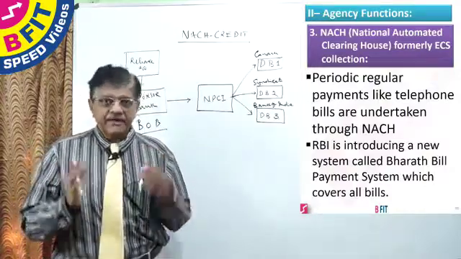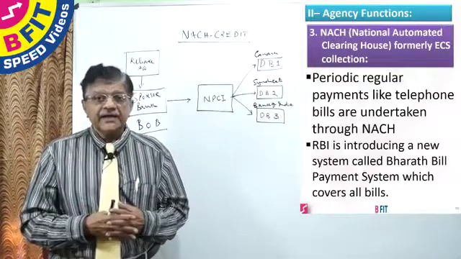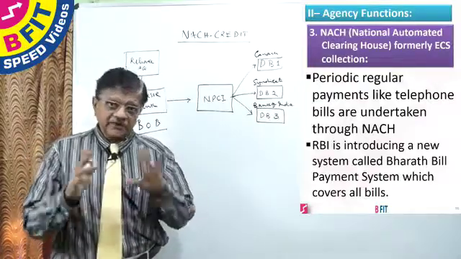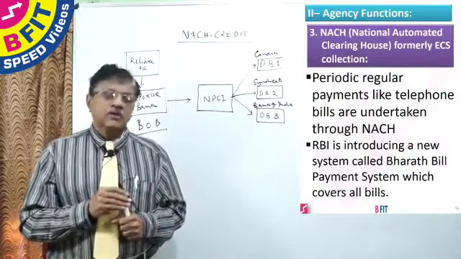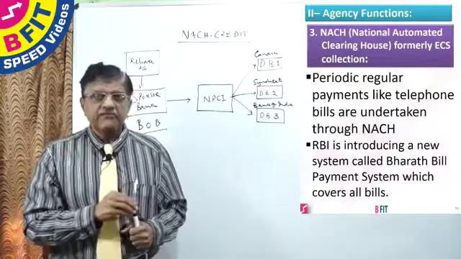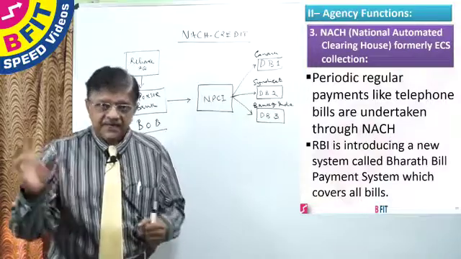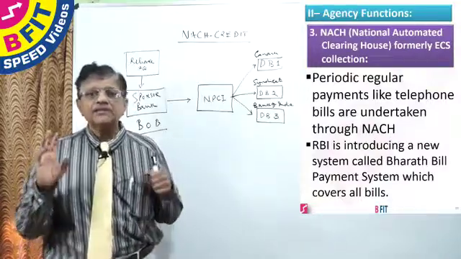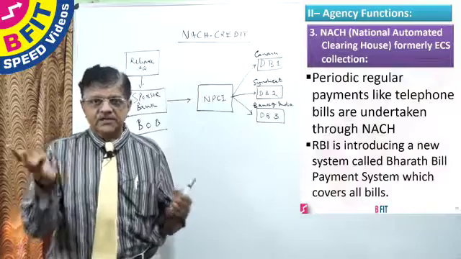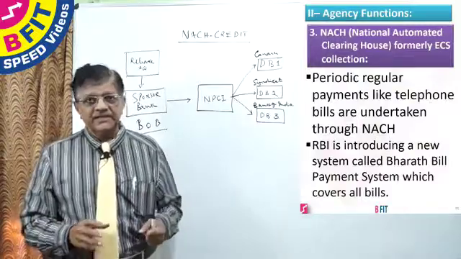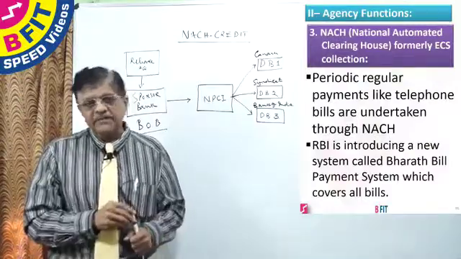Both this bill payment, both debit and credit, is going to be totally revolutionized by a new system that is going to come, on which National Payment Corporation is doing trial runs, and that is called Bharat Bill Payment System. They may ask you what is BBPS in the exam. You can write Bharat Bill Payment System.